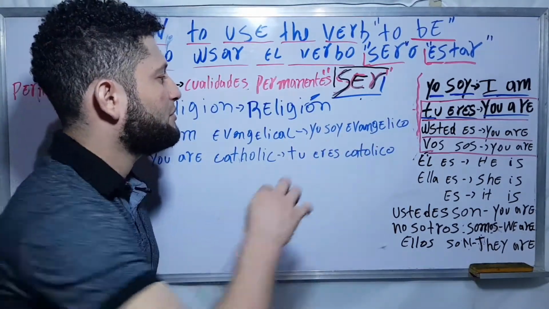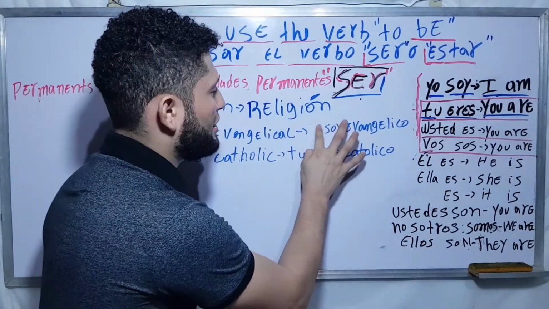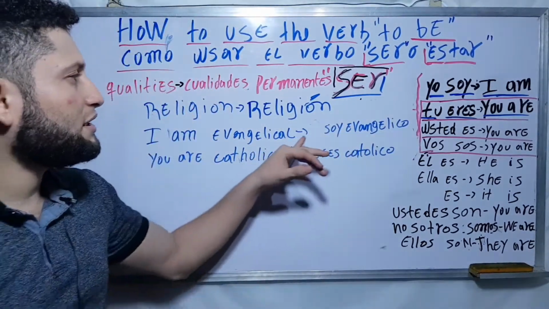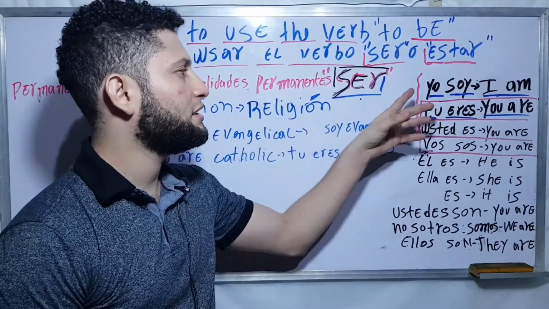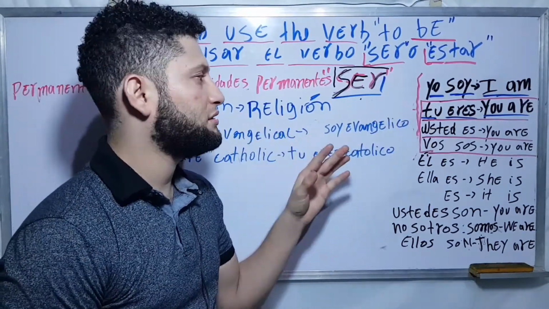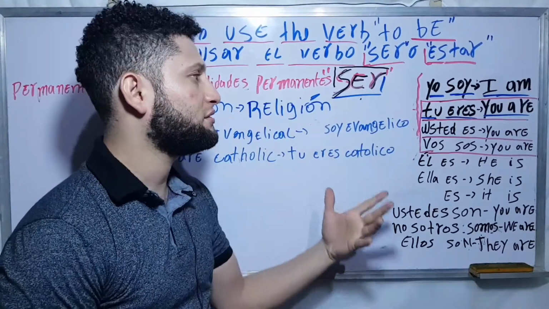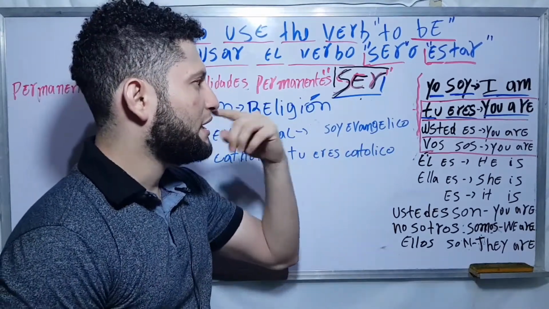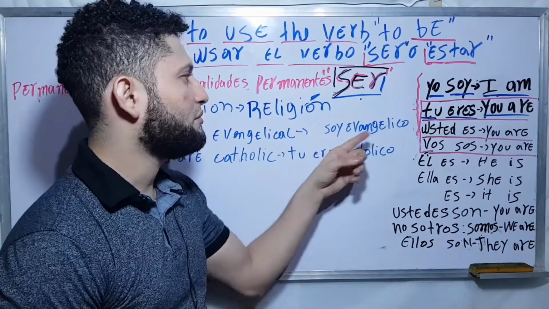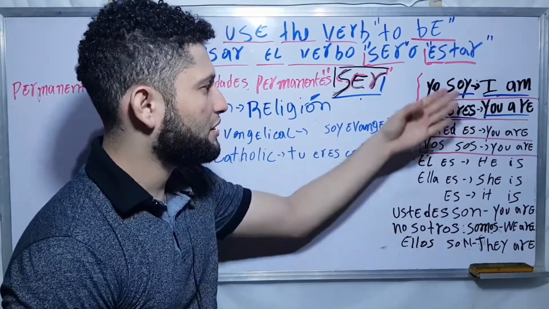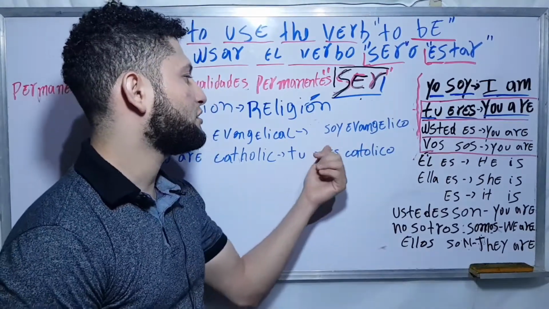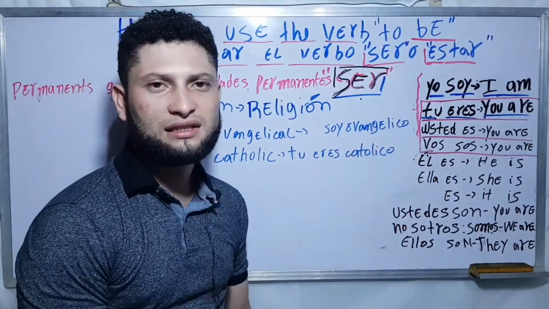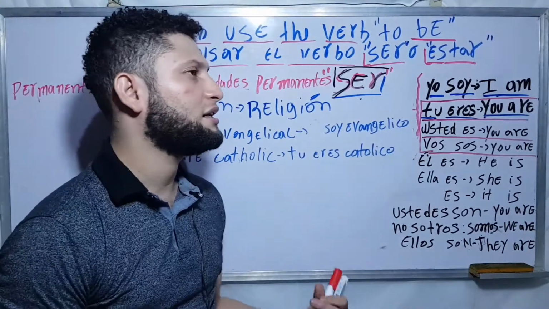You can remove this part, because as you see, the conjugation for the first person in singular is different from the others, and then you can say just soy evangélico. And this is the common way to say it.